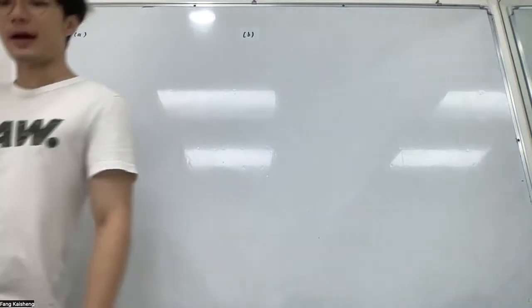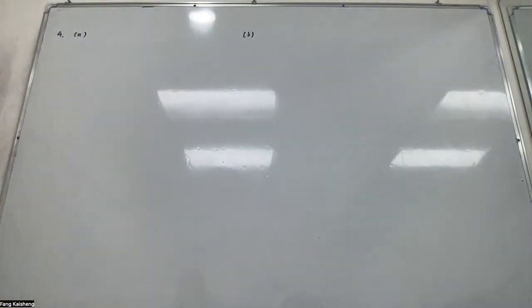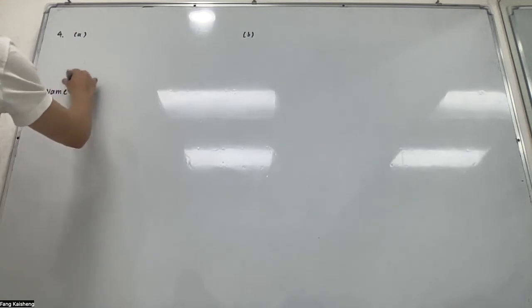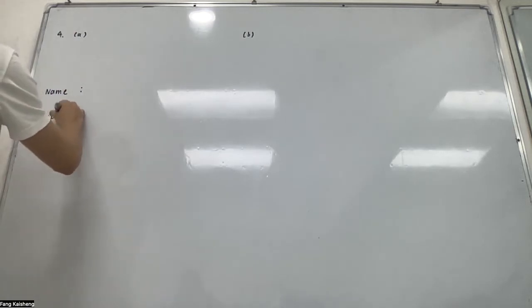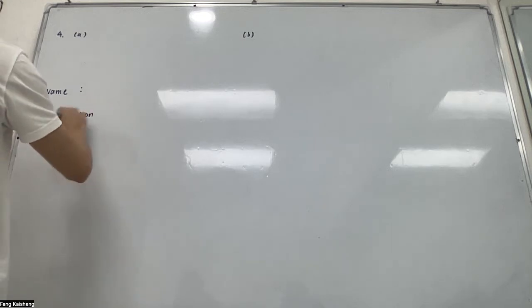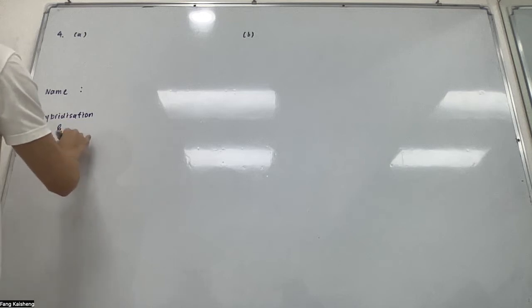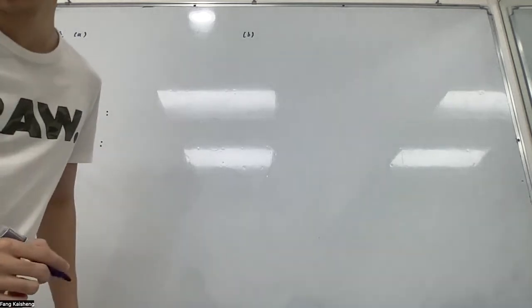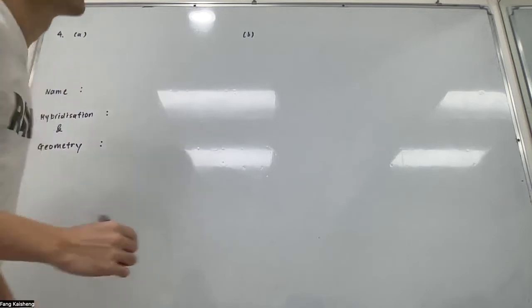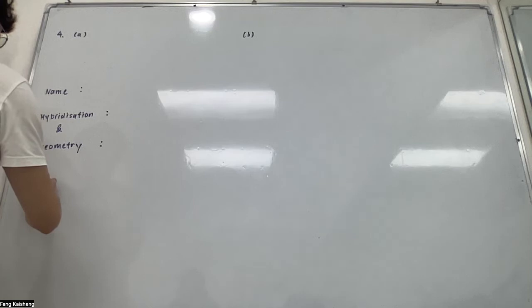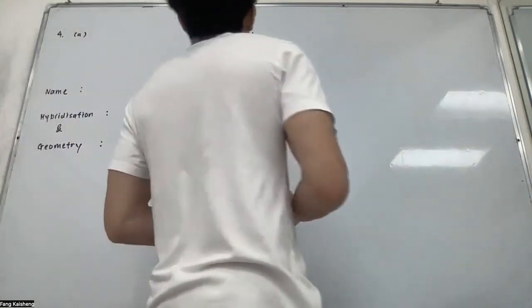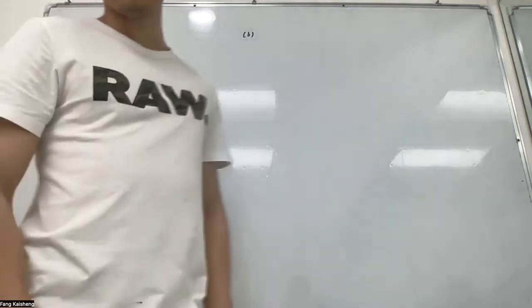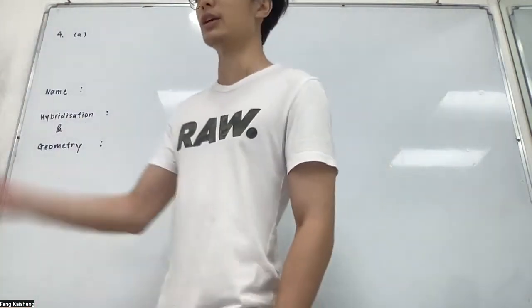Just take note of the first part here, I have two bromines. Once you've drawn out the structures, you can start naming the compounds.